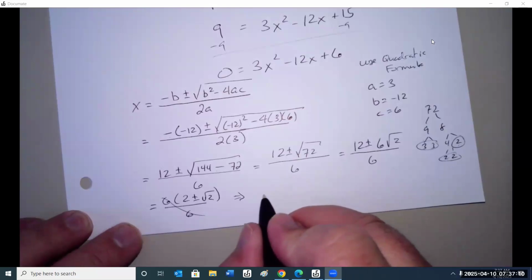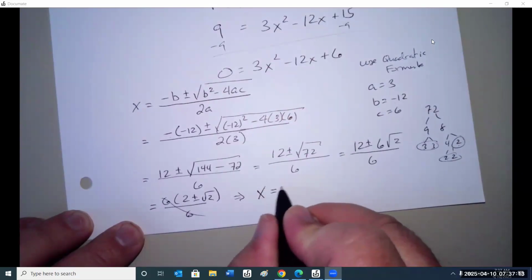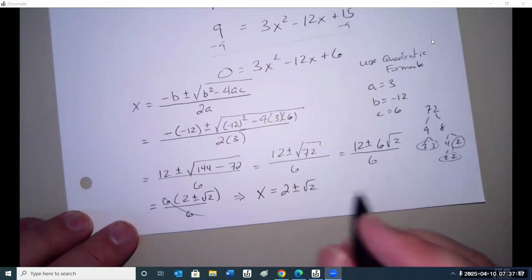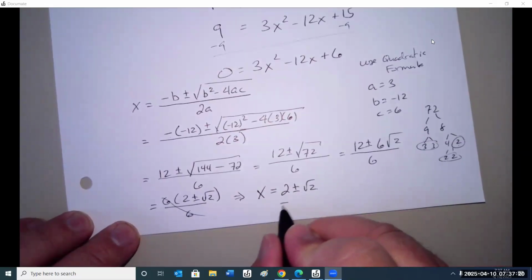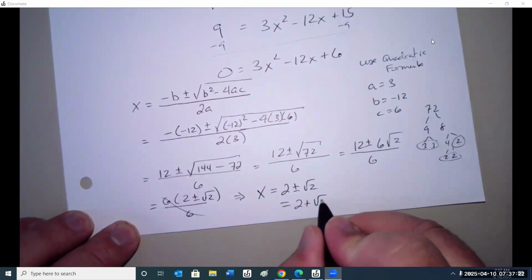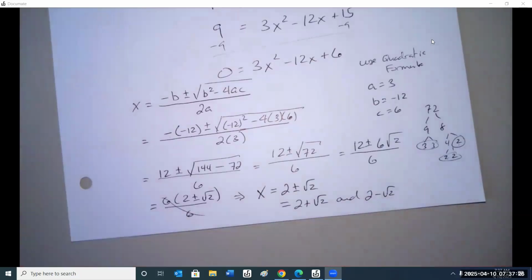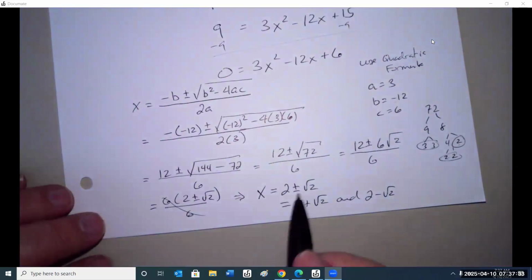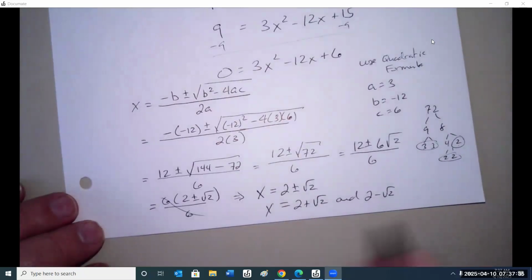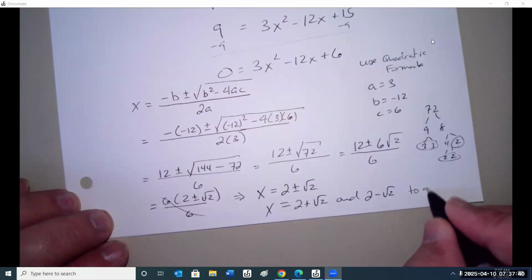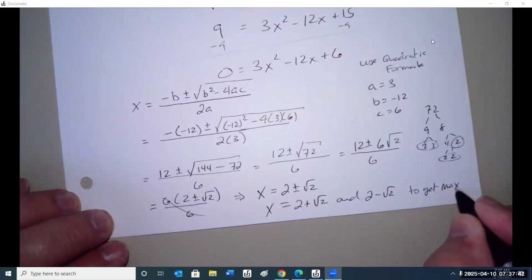So our x value is 2 plus or minus radical 2. 2 plus radical 2 and 2 minus radical 2. So those are the x values to get maximum.